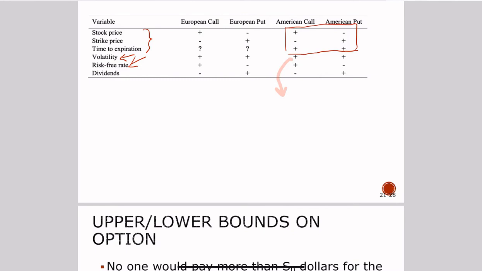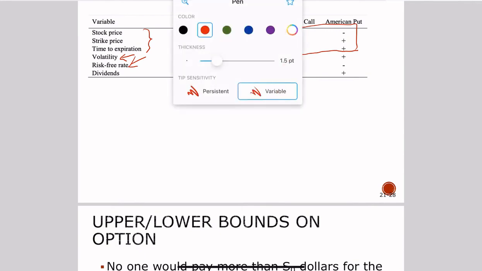And for a call, exercise price is the price you have to pay to get your share. So if risk-free rate increases, the present value of exercise price becomes lower. This essentially means you could buy shares at a lower price, right? So this will increase the value of your call.